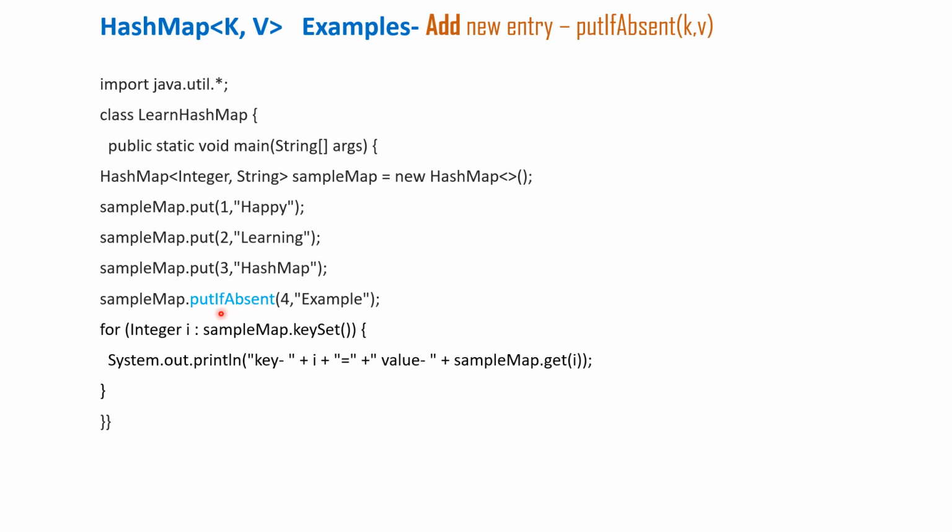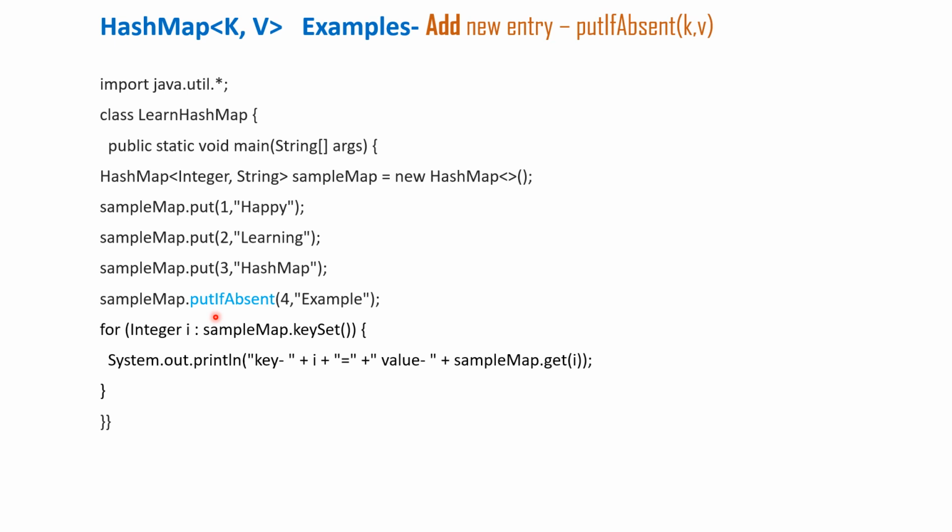We are putting one entry into the hash map if this entry is absent in the present hash map. Hope this one is clear. So put if absent of key comma value we have to give. 4 comma, for example, I am giving, right? This will get entered into the hash map only if this entry is absent in the present hash map. So we have to remember this method if we want to make a new entry into the hash map.